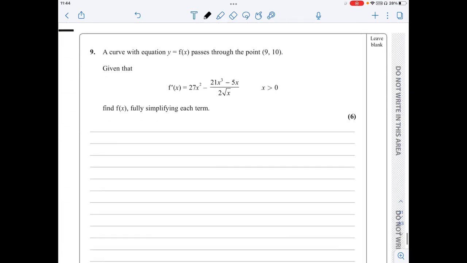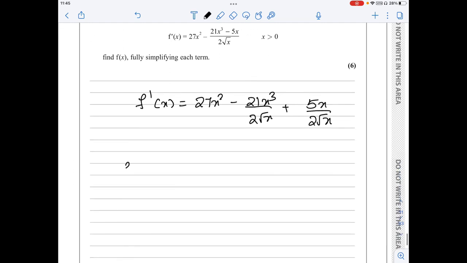So coming to question number 9. f prime x has been given, find f of x. So what am I going to do? First of all, simplify f prime x. f prime x equals to 27x square minus 21x cube upon 2 root x plus 5x upon 2 root x.